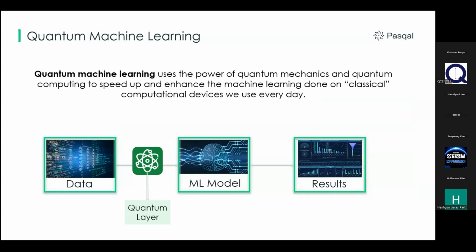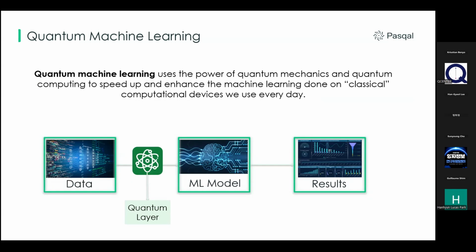So in order to start, let's quickly take a look at what machine learning is about and what quantum machine learning is about. When we talk about quantum machine learning in general, it typically is built upon 2 main components.